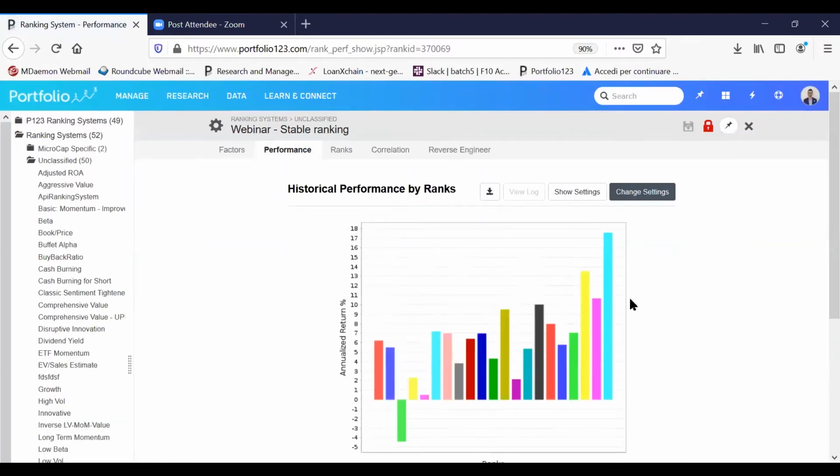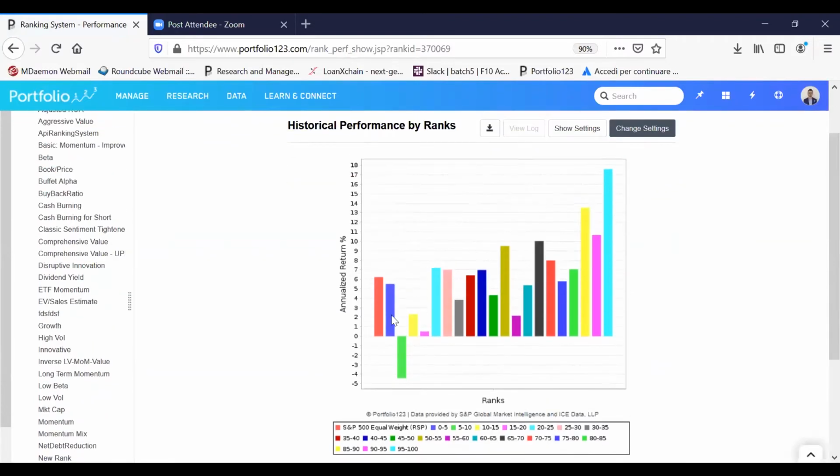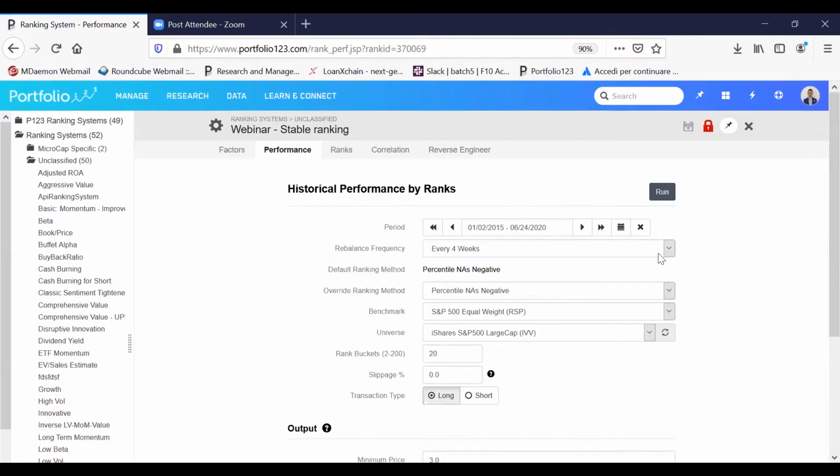So in here, for the large caps, actually you can see that the top buckets are performing quite well, and there is a general tendency in the last 5 years of positive slope of the rank, but still the predicting power is not exactly stable.